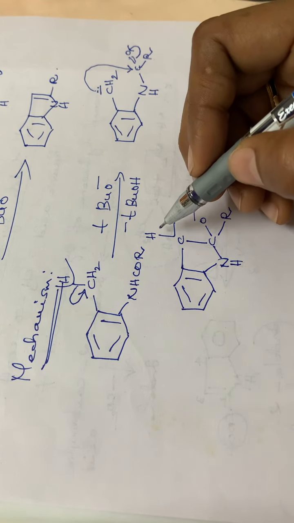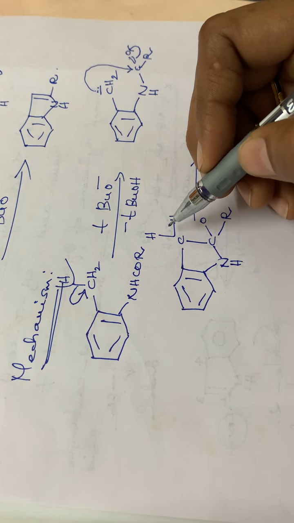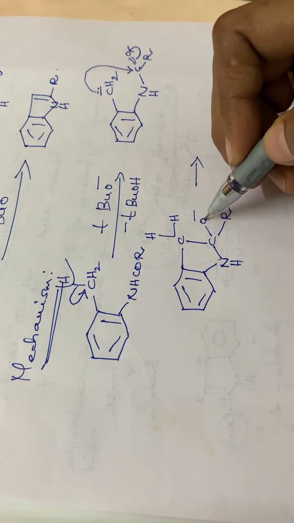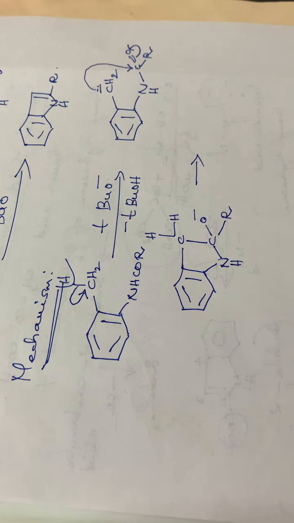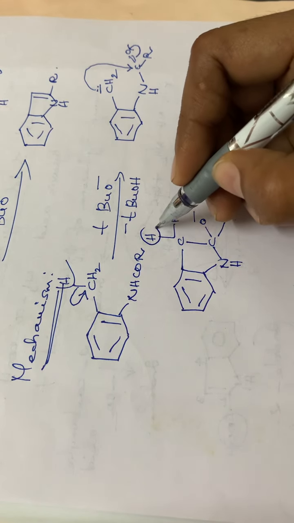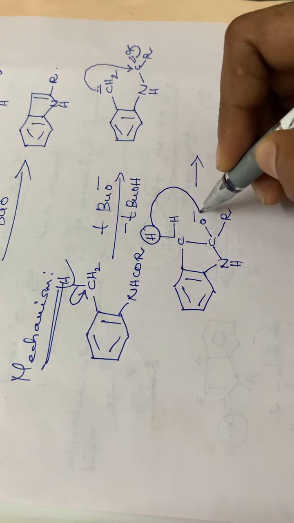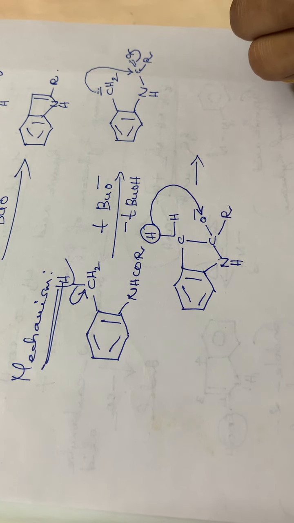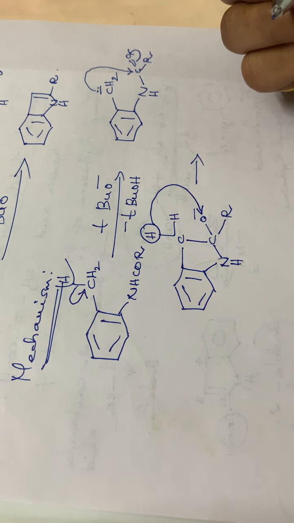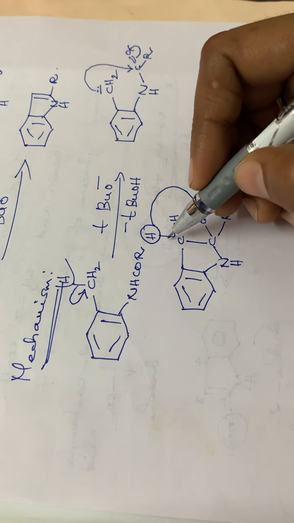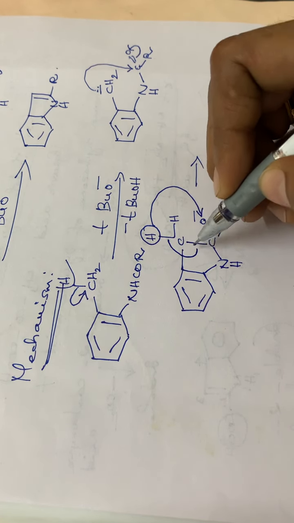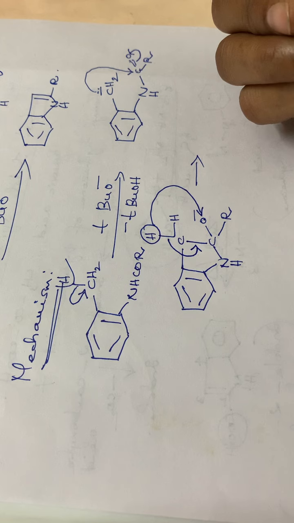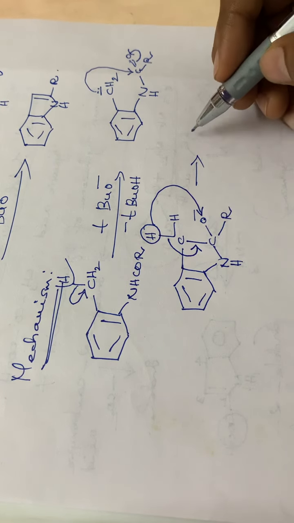Then the next step is that one of the hydrogens is abstracted by this O minus. So this hydrogen is eliminated as a proton, and it is abstracted by this O minus. What happens to this electron pair? It moves to this position, so that here a double bond comes.